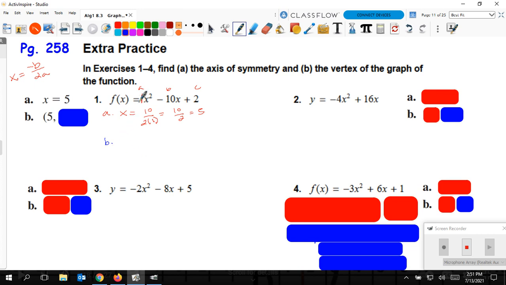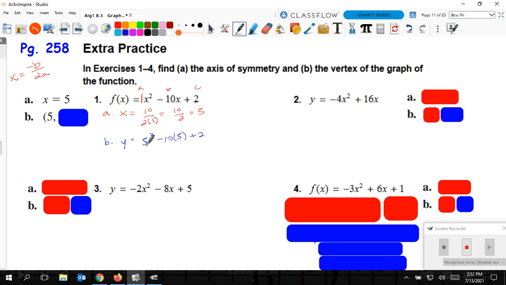Using this function, we plug in 5 for x. I'll start with y equals this, because we're looking for the y-coordinate. So y equals 5 squared minus 10 times 5 plus 2.